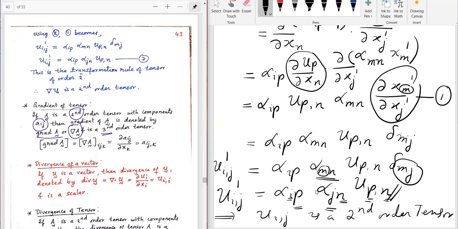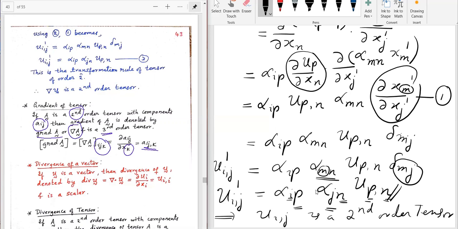Look at the definition. If A is a second order tensor, this is a third order tensor, so three live suffixes must come. Del A ijk is defined as dou Aij by dou xk, differentiation with respect to xk, so Aij comma k.